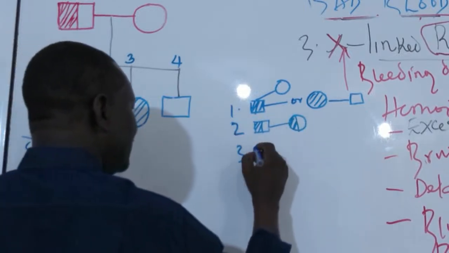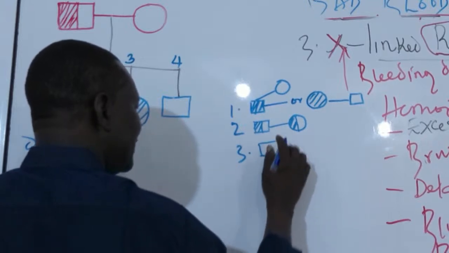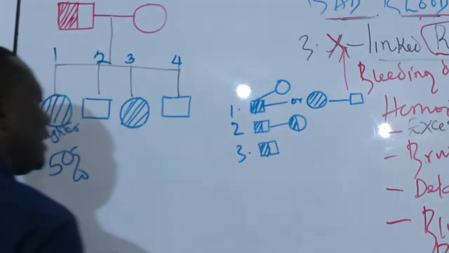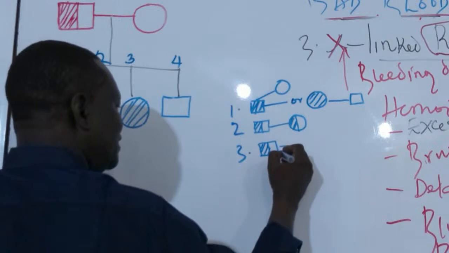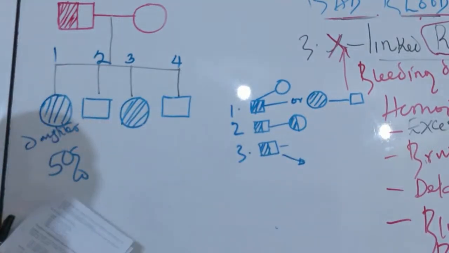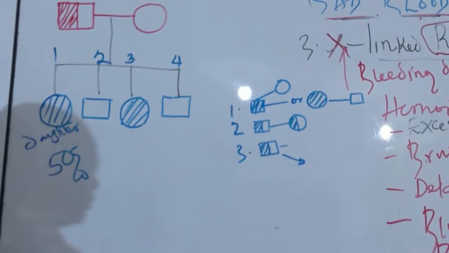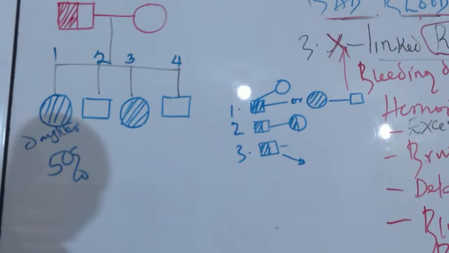But the third condition now is that only the male, because it is X-linked, only the father must be a carrier. And whenever the mother or the father is a carrier, the father has the probability of passing this bad gene to the daughters than to the son.